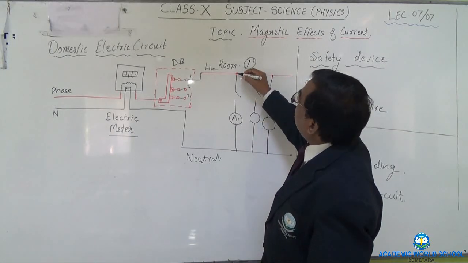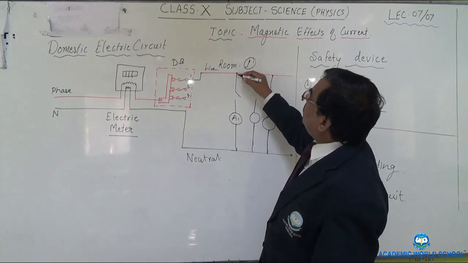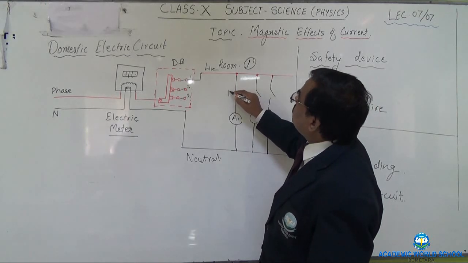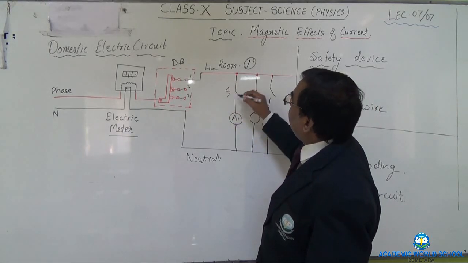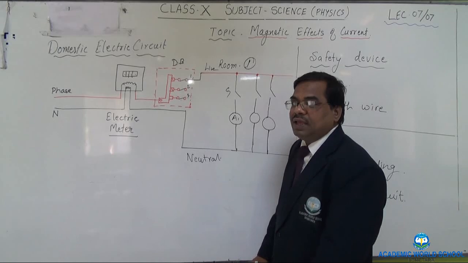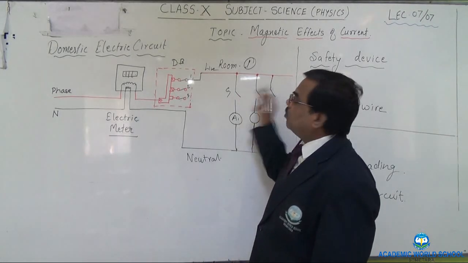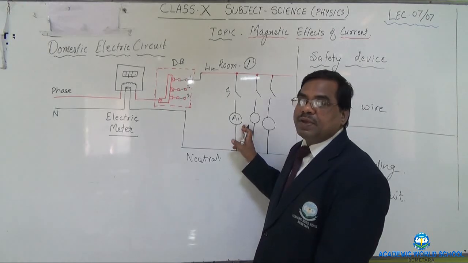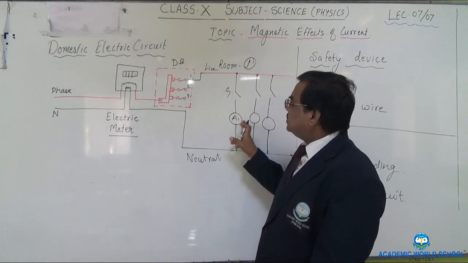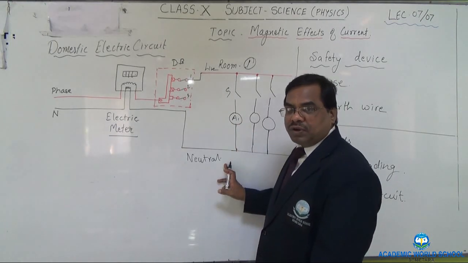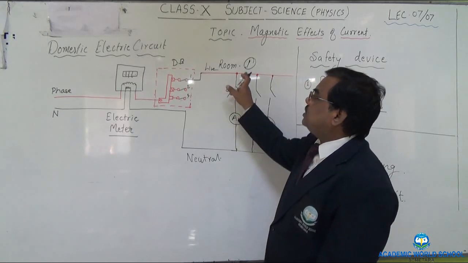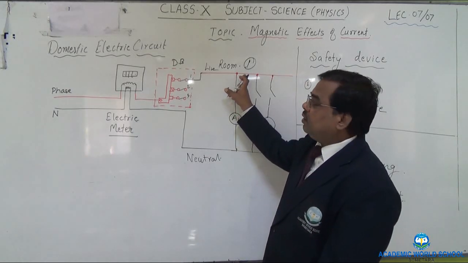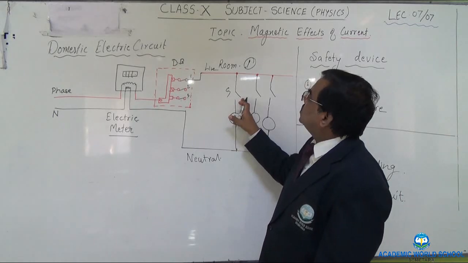Now the connection is done like this: from the phase there will be one switch and then the appliance, so that in any case if you switch off the key, the appliance doesn't bear any current. The appliance is directly connected to the neutral, but in between the appliance and live wire there will be one switch.